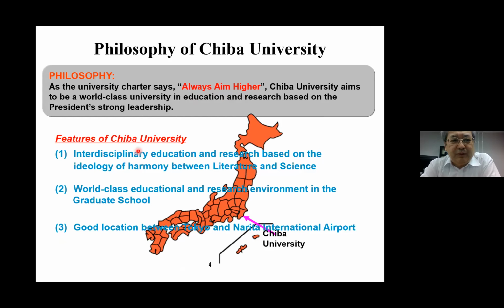A feature of Chiba University is that we have many faculties, and we have liberal arts and science also. We have a world-class education and research environment in the graduate school. Also, we have a very good location to come to Tokyo and Narita International Airport. So you can come to our university after the COVID-19 problem is solved. You are very welcome.